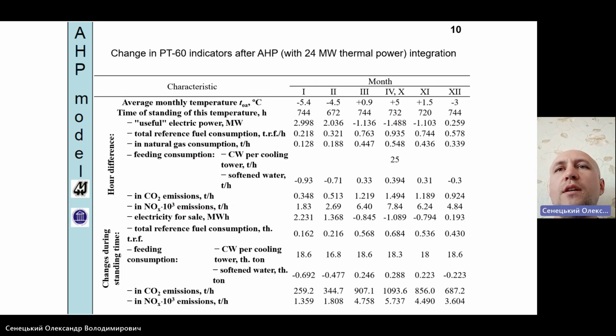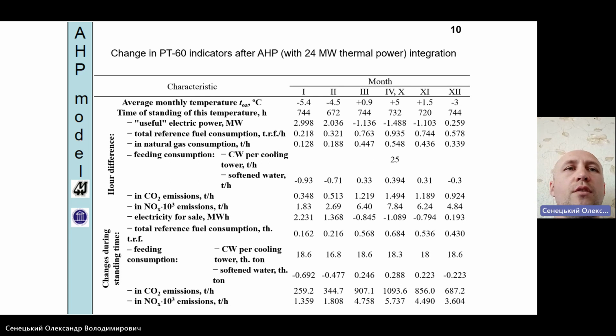Calculation of the change in the performance of the PT60 turbine unit after the integration of AHP into the thermal scheme is presented in this table. To determine the change in the amount of harmful emissions of CO2 and NOx into the atmosphere, we used experience.